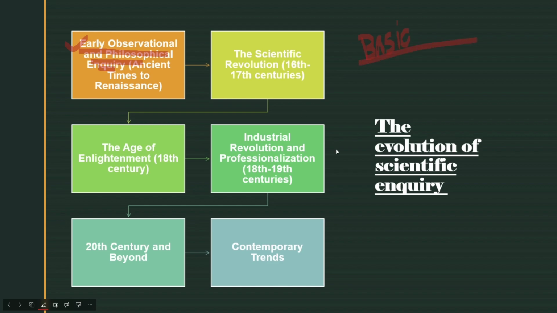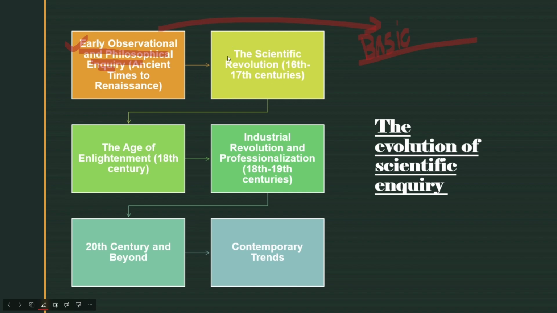Then comes the 16th and 17th centuries, the scientific revolution era, which was marked by the very significant works of Kepler and Newton, because they developed new theories based on their observations, their experiments, and their analysis.